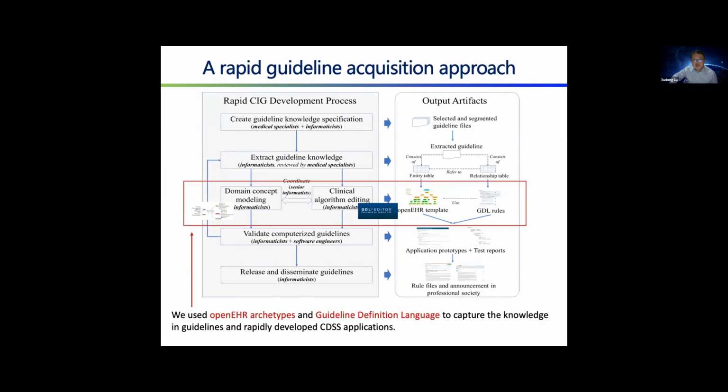Then we need to extract the key concepts and their relationships from the guidelines. After that, the openEHR archetypes, templates and GDL will be used to model the concepts, the logic and the algorithm. Then those models and rules should be validated before they can be released and disseminated.